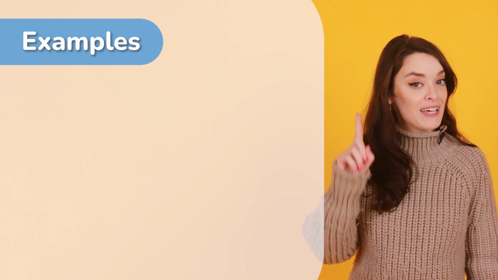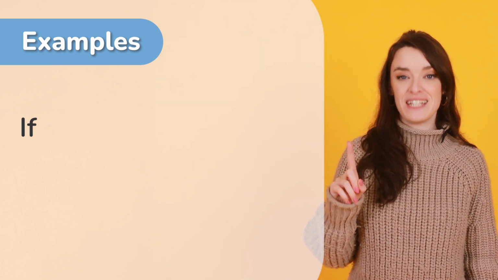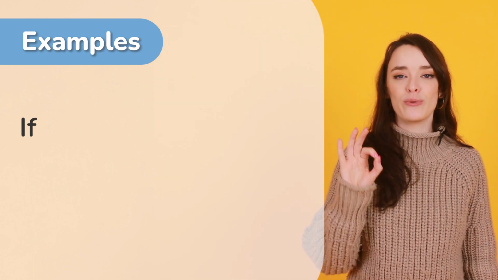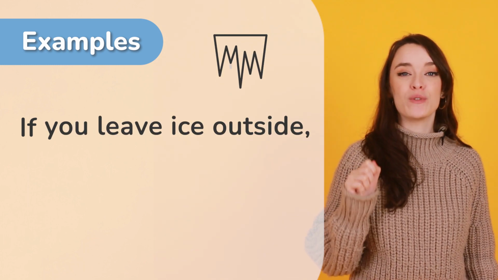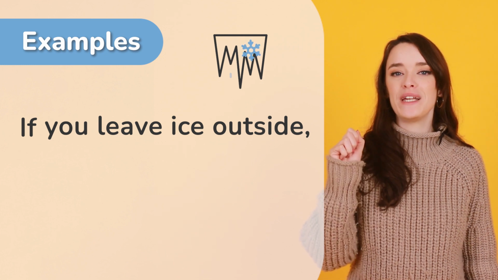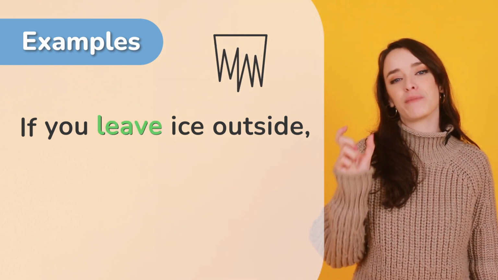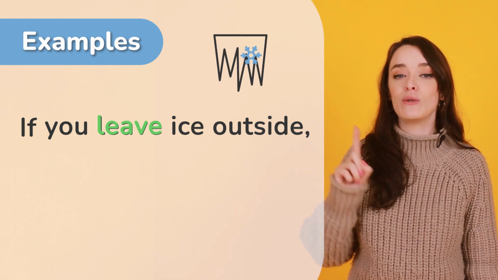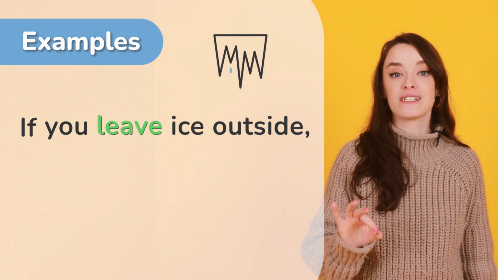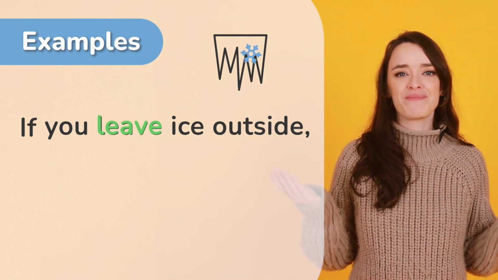We start with if. Now our first sentence is going to be in the present simple form. If we leave ice outside. So we used leave in the present simple form. If you leave ice outside, what happens?